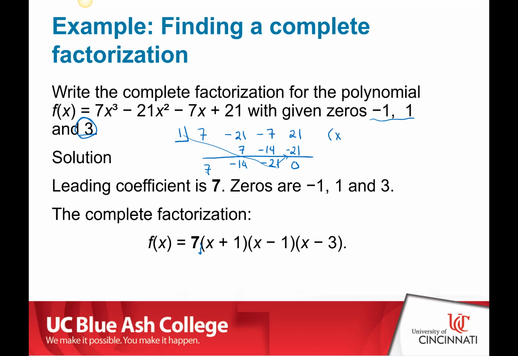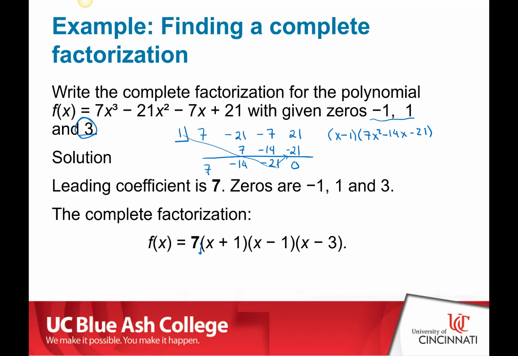We now have x minus 1 times 7x squared minus 14x minus 21. Does that make sense what I just did there? So I did division to factor out the x minus 1.